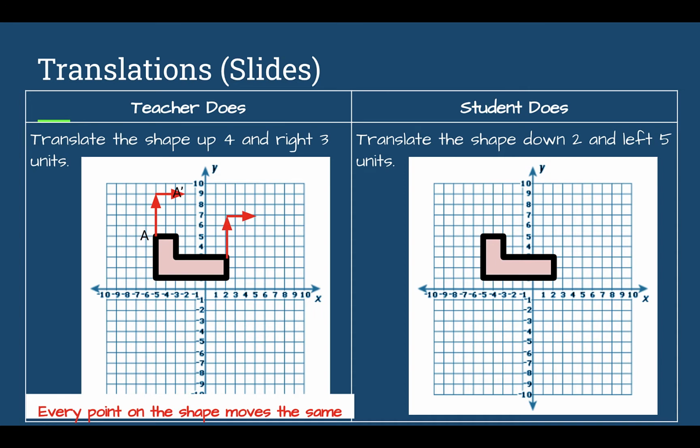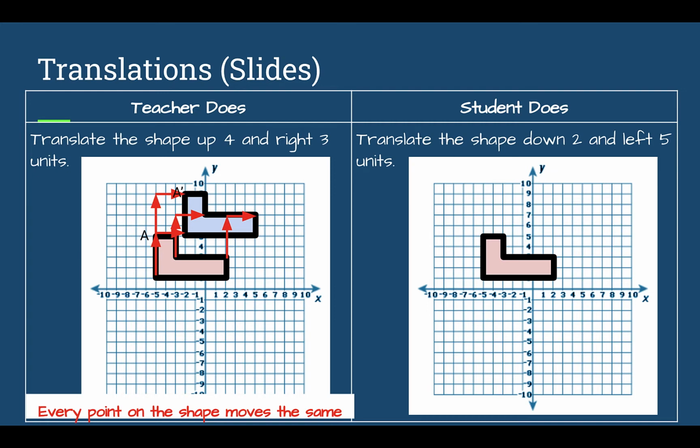I could keep going with the same pattern for every corner here. That inner corner of the L would go up 4 over 3. Once you've drawn enough points, you can see where that new moved image will be. So every point on the pre-image was moved up 4 to the right 3, and then we could create our image from where that's located.